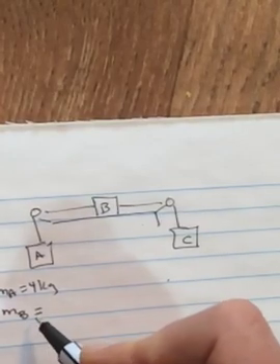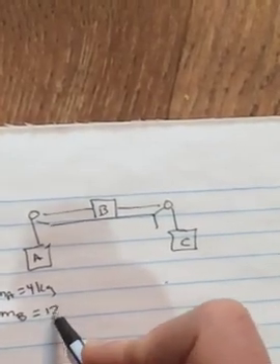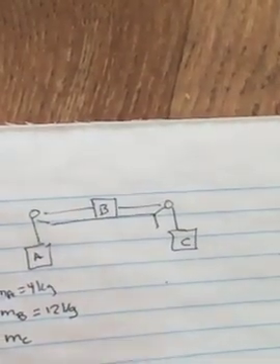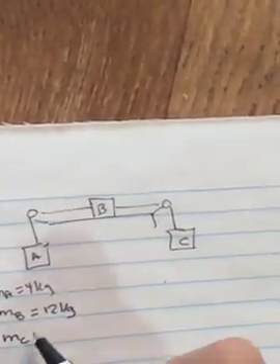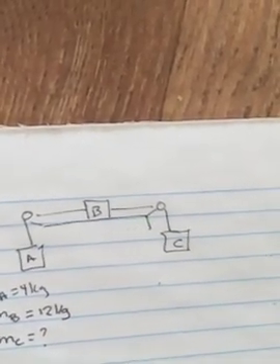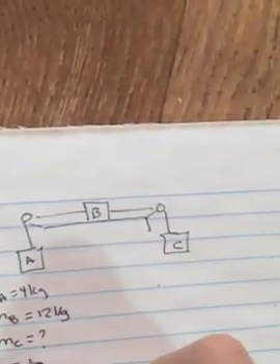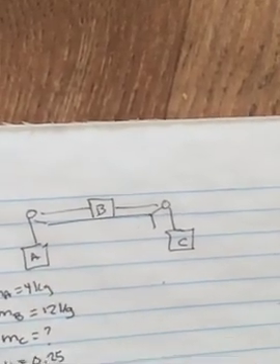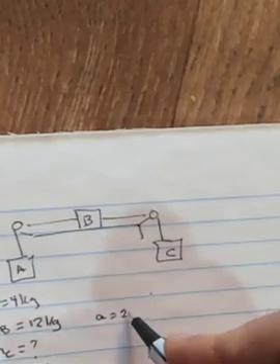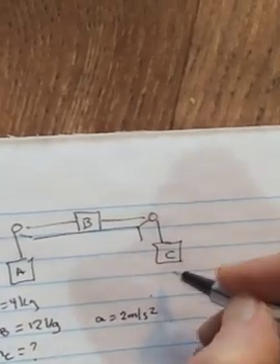B has a mass of 12 kilograms. And C is what you're looking for. Okay? The coefficient of friction is 0.25. And it tells us the acceleration is 2 meters per second squared.